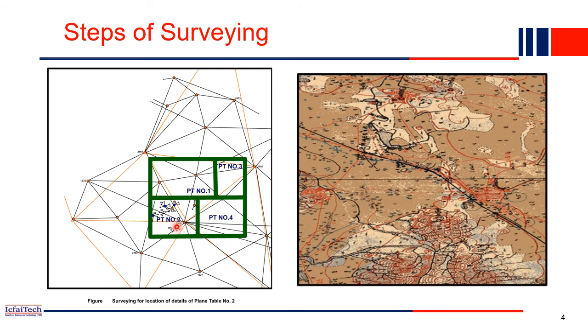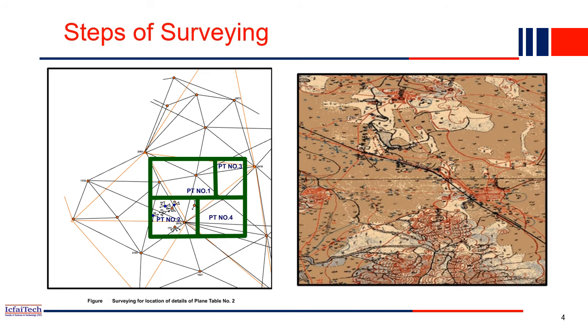We find out the distance and the angle, the line angle, all these things, and then we plot it. So this plot is plot number 2. Here this area we are showing. You can see different things we have located: these hills, these roads, all these parameters have been located nicely.